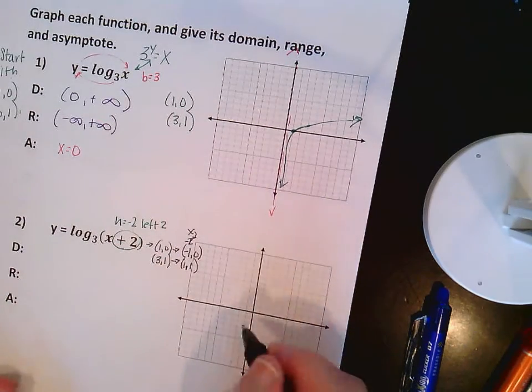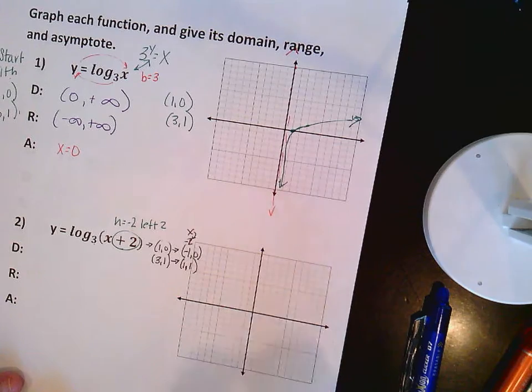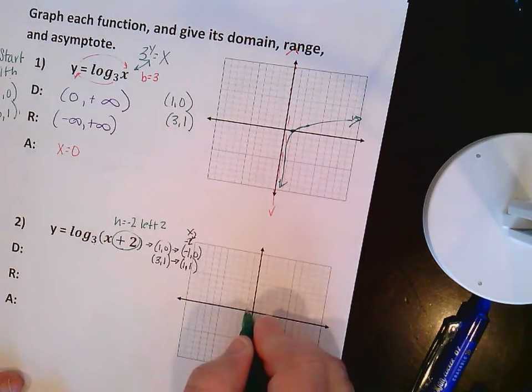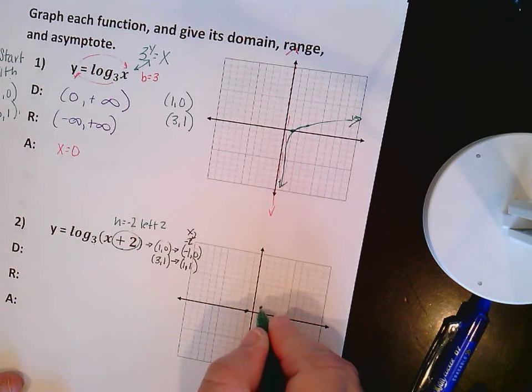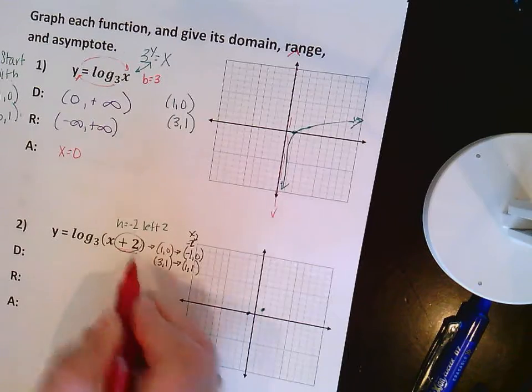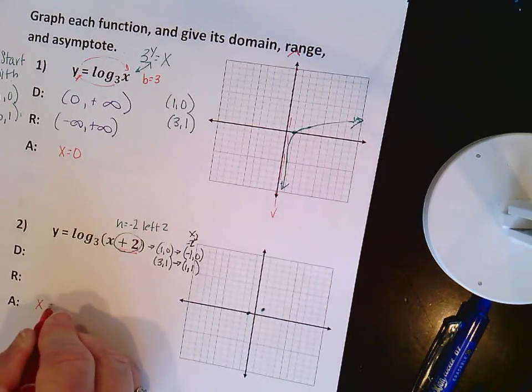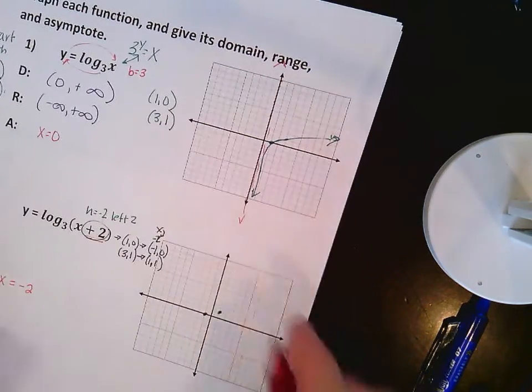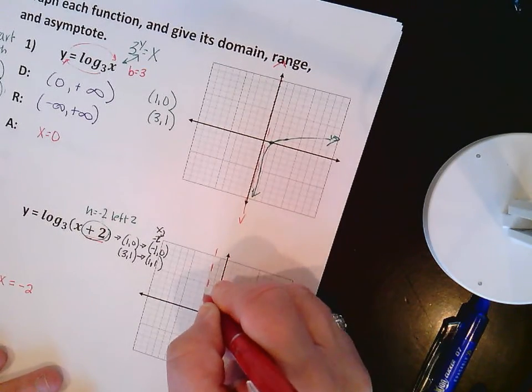So now I've got (negative 1, 0). Let's graph this. (Negative 1, 0) and (1, 1). My asymptote is going to be x equals whatever my h is. It's always the opposite of what's in here. So my asymptote is x equals negative 2. And it's a vertical line.